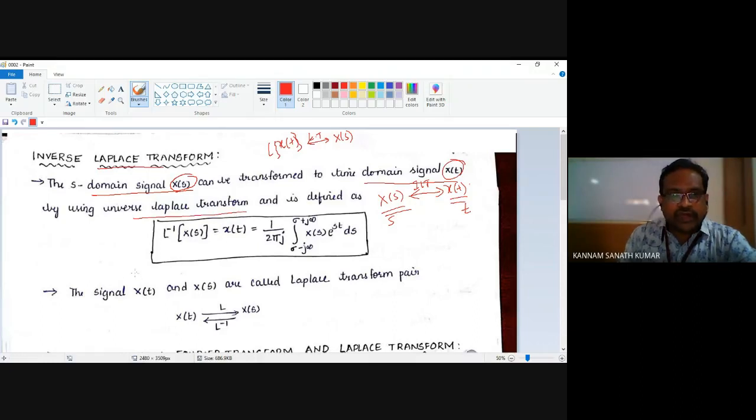The Laplace transform is represented with L, and the inverse Laplace is L inverse.